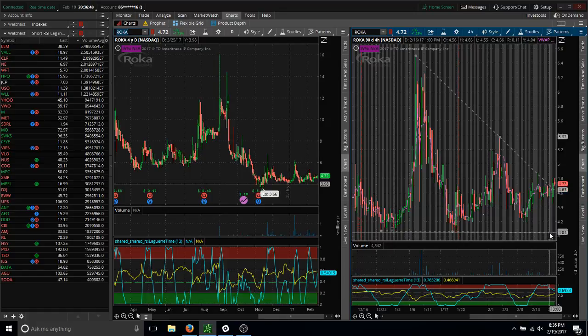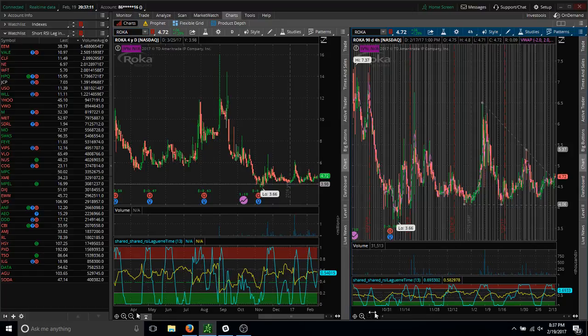And then if it bounces off this 404 like it has been, or whatever this has been, 407, 406, if it bounces off that area again, then I guess I'd be willing to see where it goes. But as of right now, it's just bouncing inside of this, I guess, wedge right here.